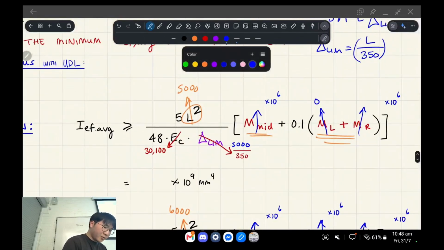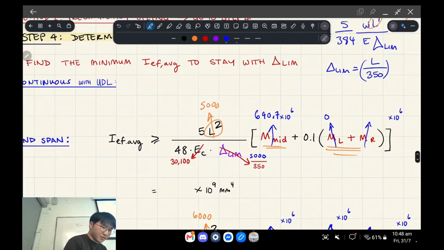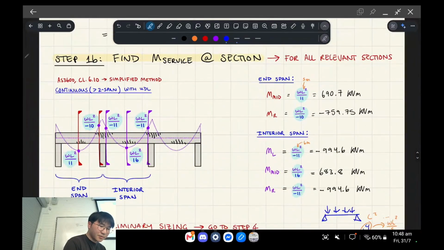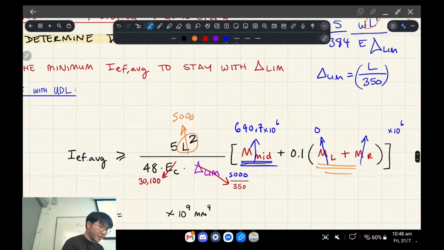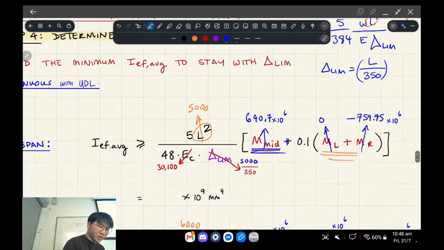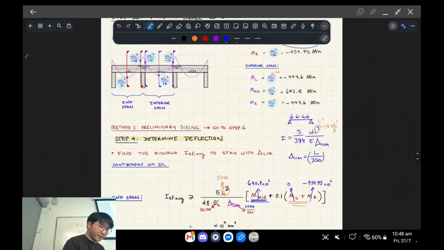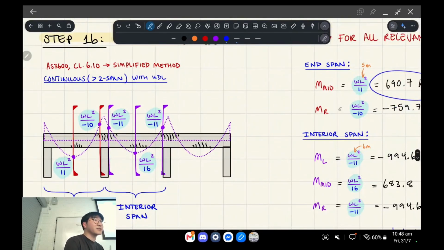Okay, so now we plug in all of those bending moments we found from using the simplified method. The mid-span moment should be positive, whereas the ones for the supports should be negative. So when you're adding here, you're actually subtracting because of how this formula works. And you're also not subtracting the left-hand side for the case of an end span, or rather, the span that's not continuous.